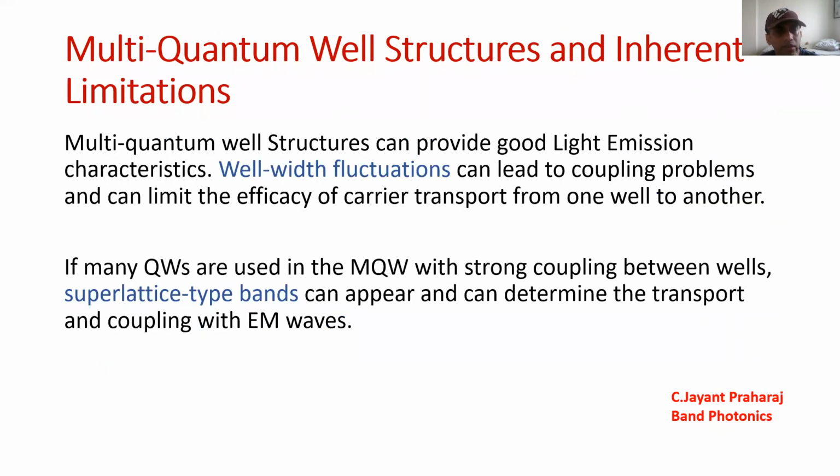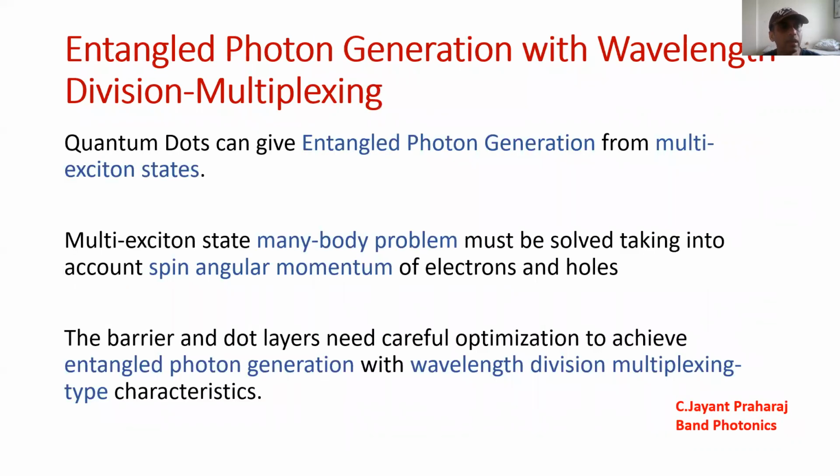Now, the multi-quantum well structures do have some limitations. For example, well width fluctuations can lead to coupling problems, and those need to be understood. And also, if we have many multiple quantum wells, we can get superlattice type bands. Those need theoretical understanding as well.